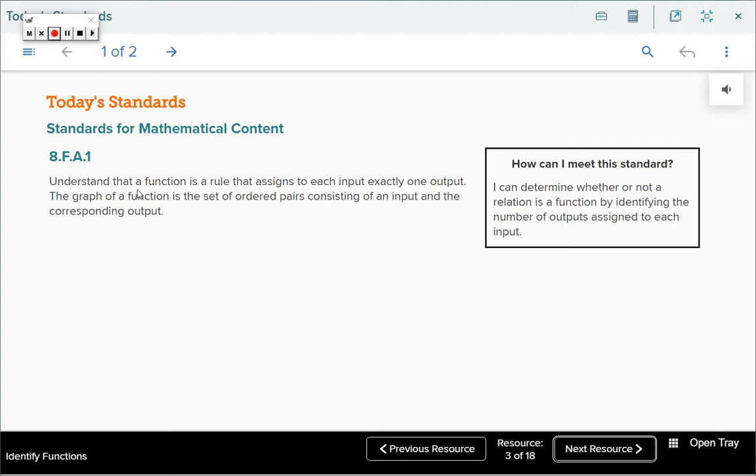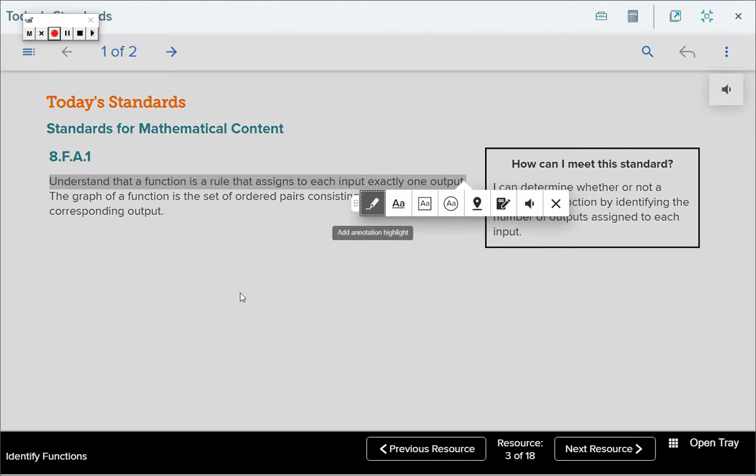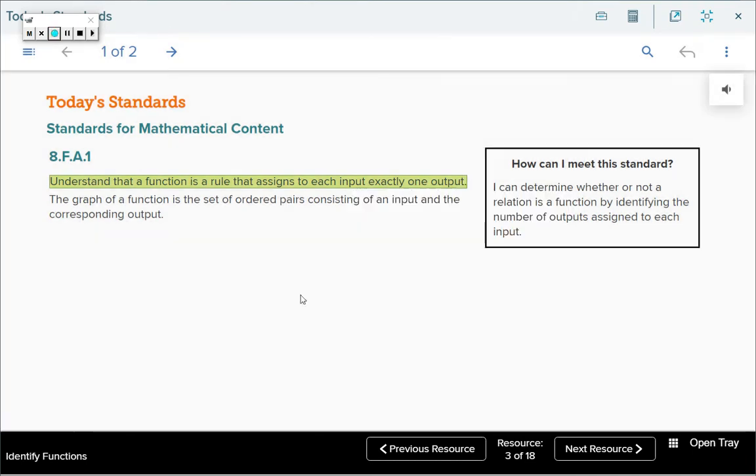Just write that sentence for me, please. That's what I want you to write for your objective today. Understand that a function is a rule that assigns to each input exactly one output. That's your objective.